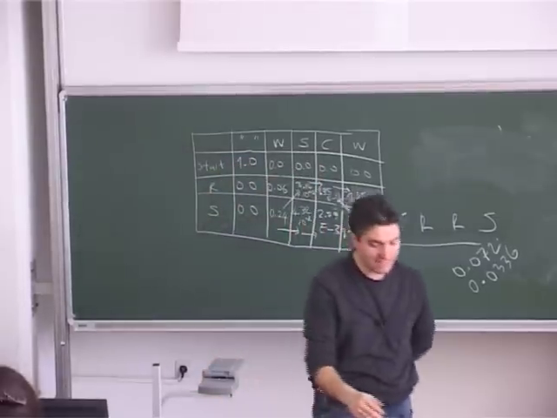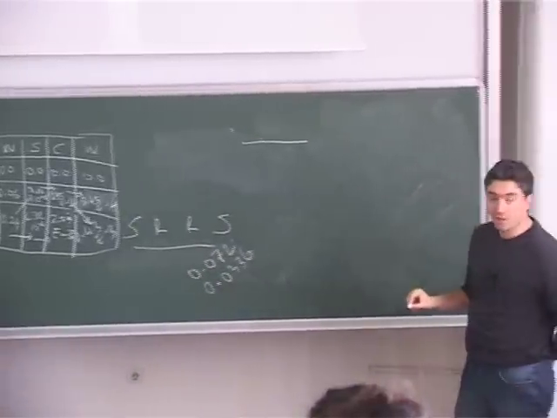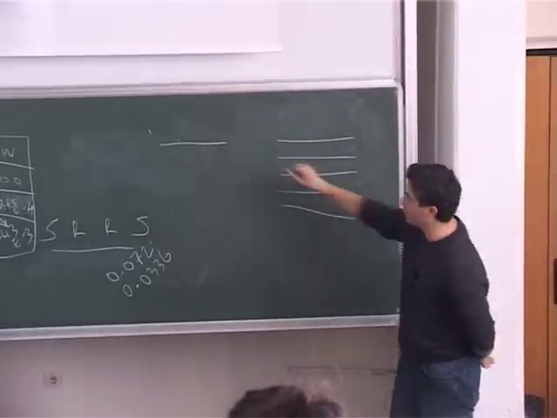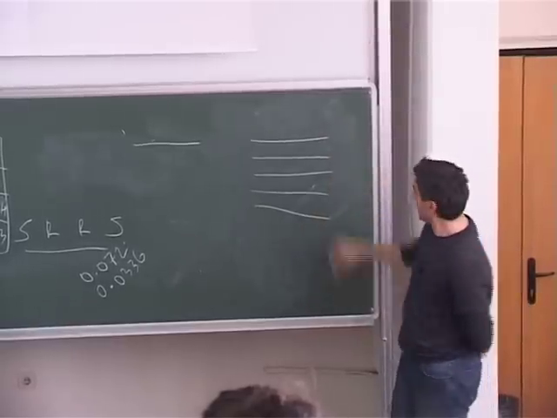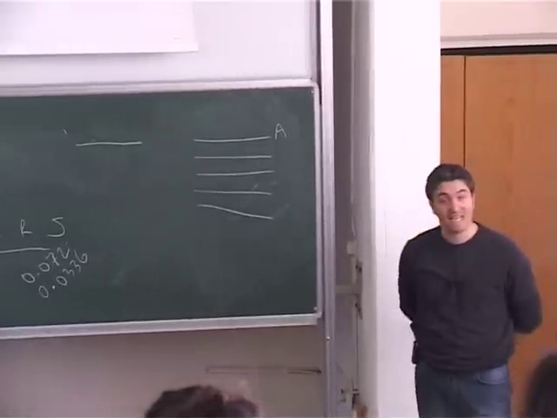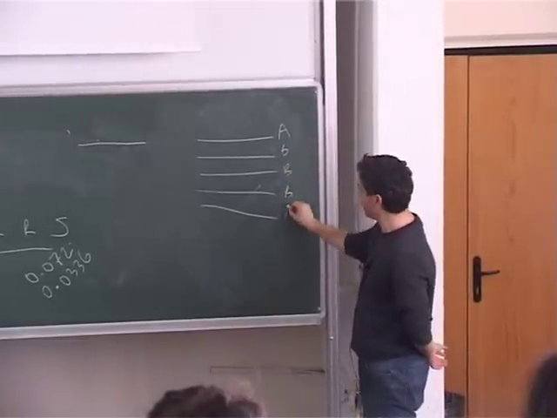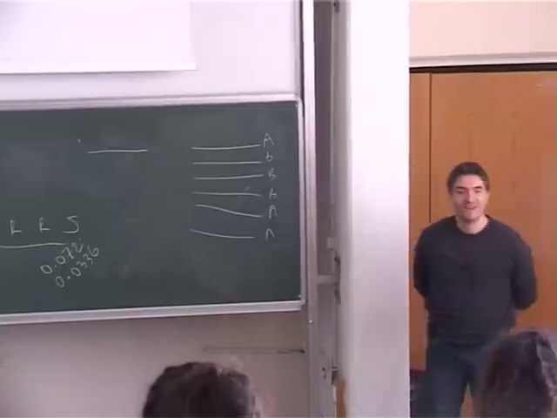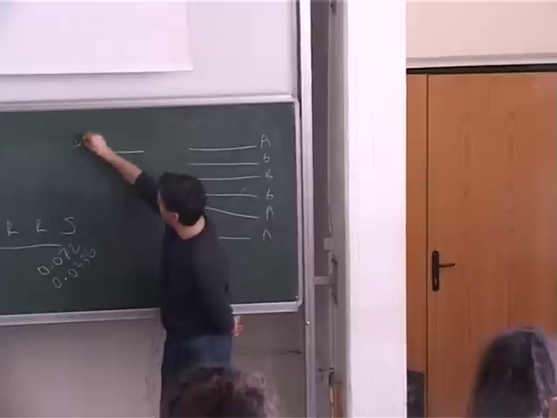What if the situation is like this? You do a BLAST search. This is your query sequence, and these are your hits, sequences similar to the query, sorted in order of similarity. The first gene has function A, the remaining ones have function B, and this one also has function A, and this one also has function A. Now, what are you going to predict for this query sequence?